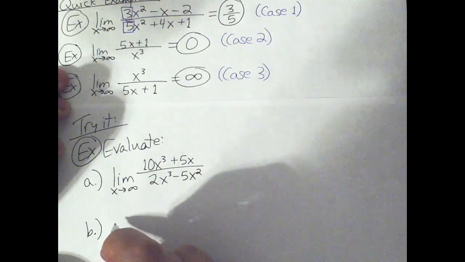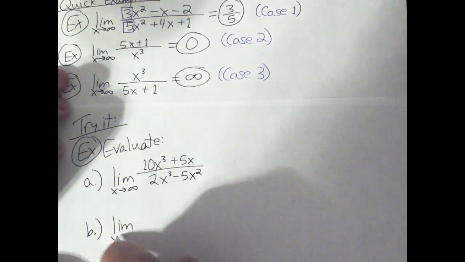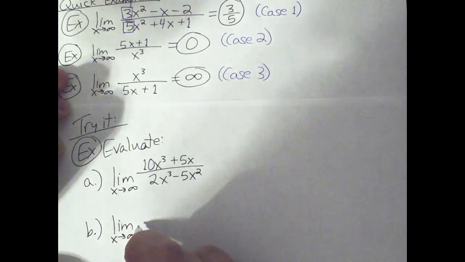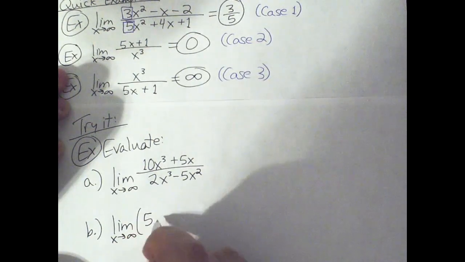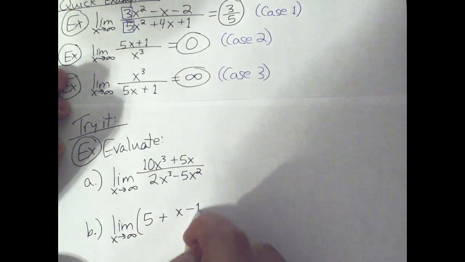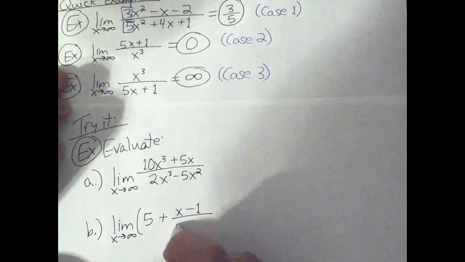Part B: limit as x goes to infinity of parentheses 5 plus x minus 2 over x squared plus 3.